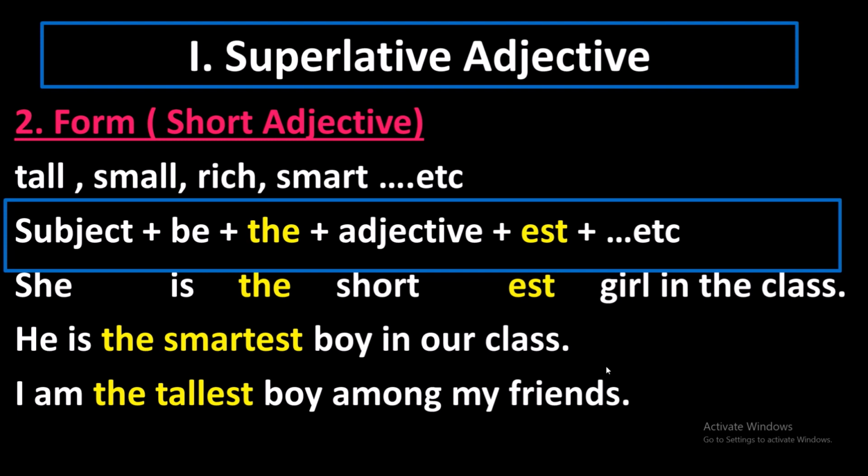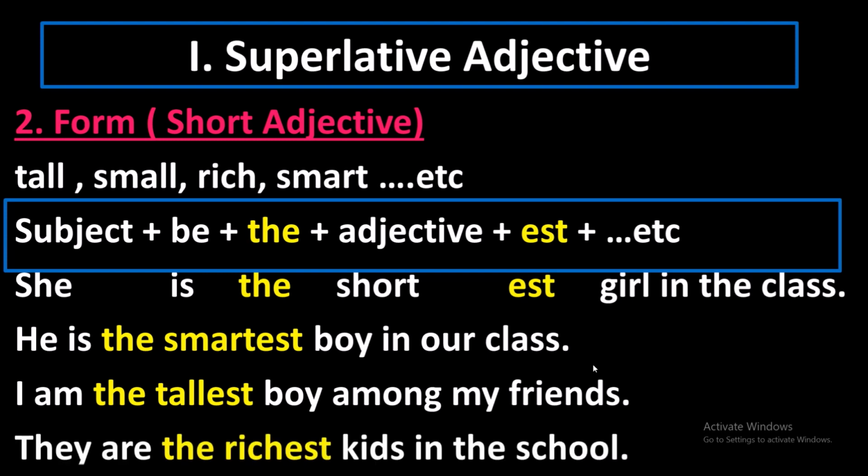I have many friends, so when I compare myself to them, I am the tallest boy. One more. They are the richest kids in the school. So many kids in the school, but they are the richest ones.